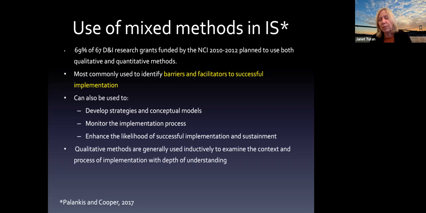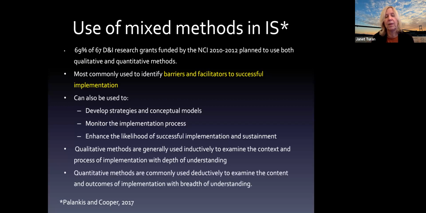So in general, in these implementation science studies, qualitative methods are used inductively to examine the context and the processes of implementation with a real depth of understanding. So, we of course need to understand the inner and outer contexts when we're looking at implementation, and we also want to know in depth what are the things that affect the processes of implementation.